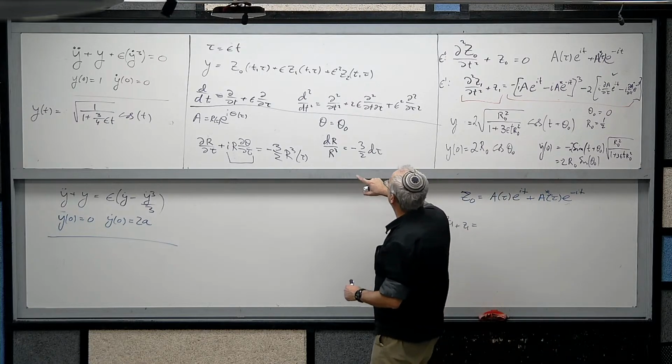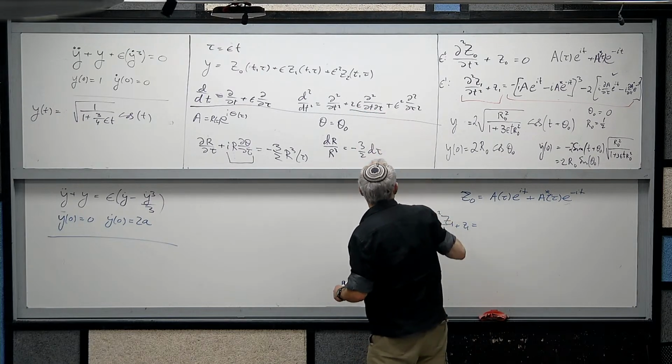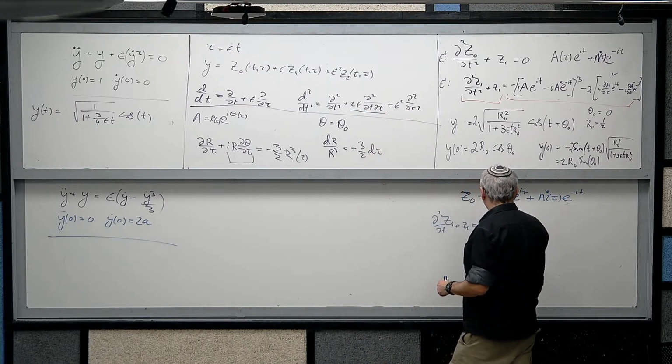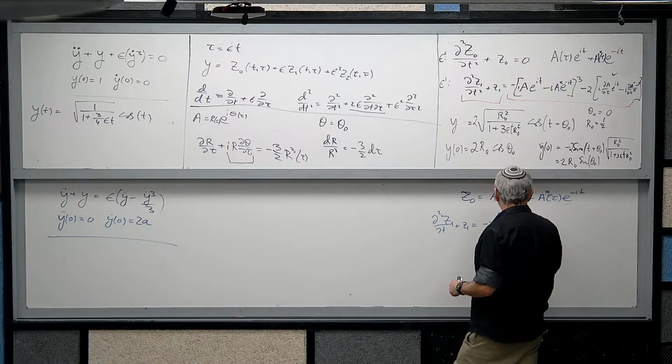I have the two. This term. So I have again minus 2 times i dA/dtau e to the it minus i dA*/dtau e to the minus it.